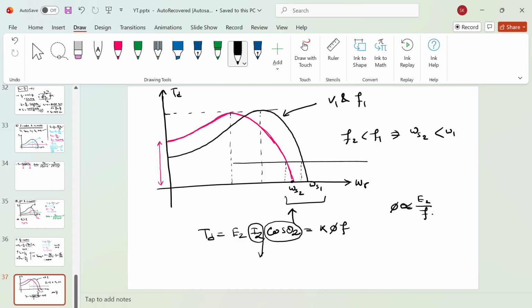Okay, so this is one advantage you can say. So these are the observations you can get from this particular analysis.